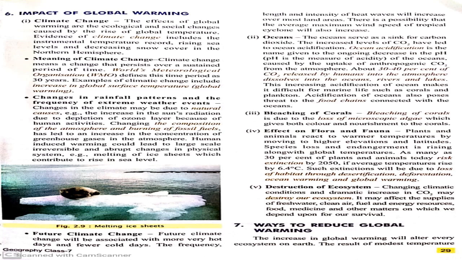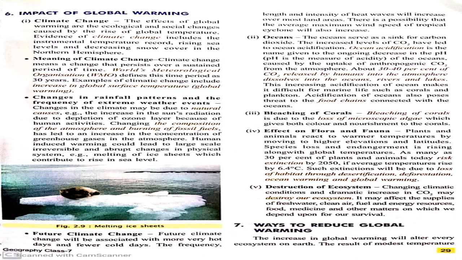Now the third one, impact of global warming on bleaching of corals. You must be aware of corals which we see in the oceans. Now bleaching of corals is due to the loss of microscopic algae which gives both color and nourishment to the corals. Bleaching means the color of the corals is being faded.